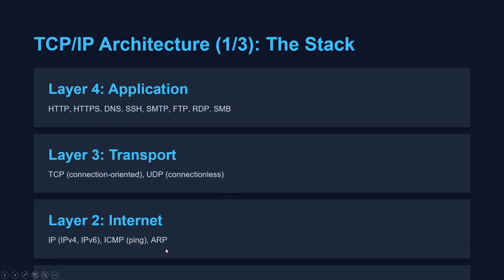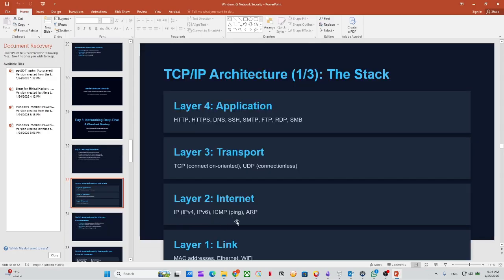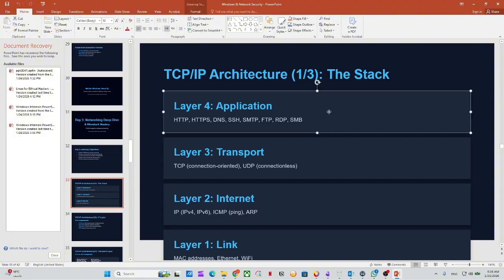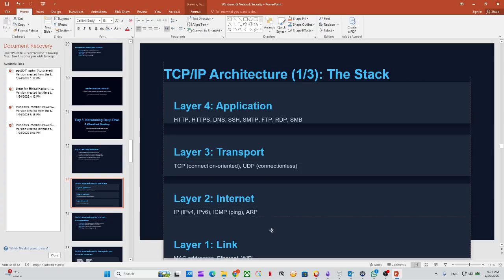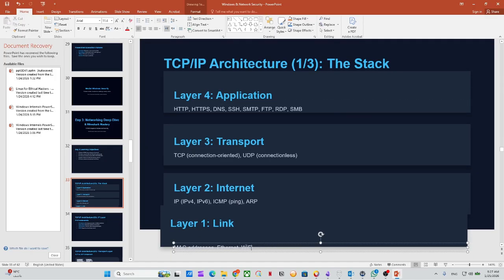So this is the internet. Layer 1 is the link layer. Let me go ahead and put the content a little bit higher here.